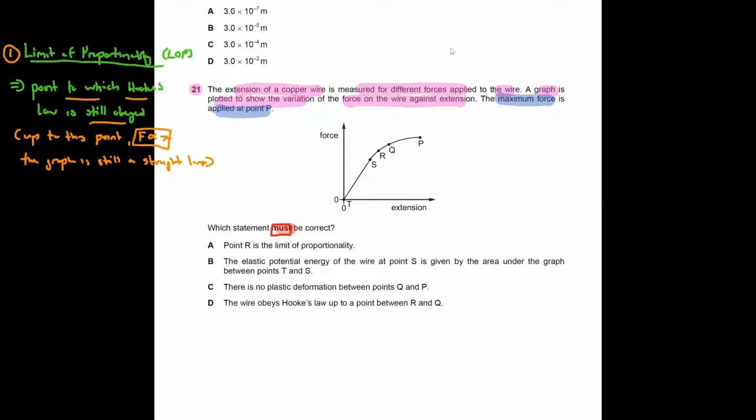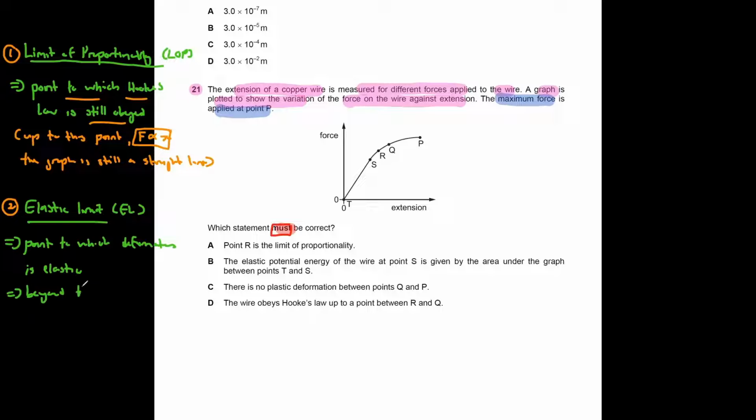Okay, and then the second thing to learn is your elastic limit, EL. Your elastic limit is the point to which deformation is elastic. Beyond this point, deformation is plastic.